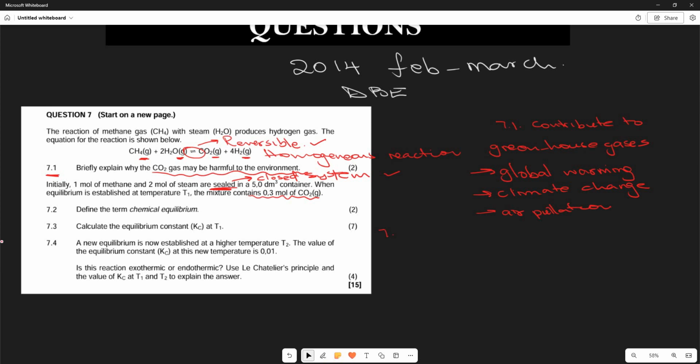So 7.2 is asking us to define the term chemical equilibrium.